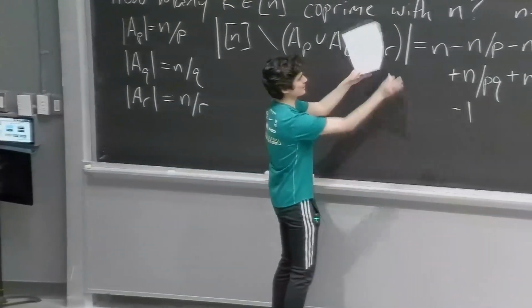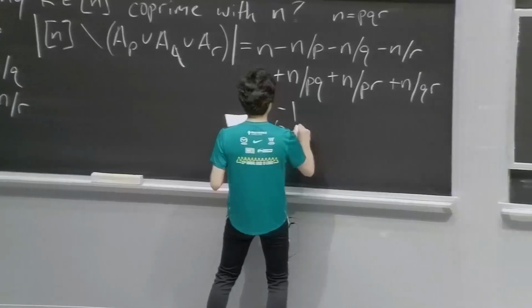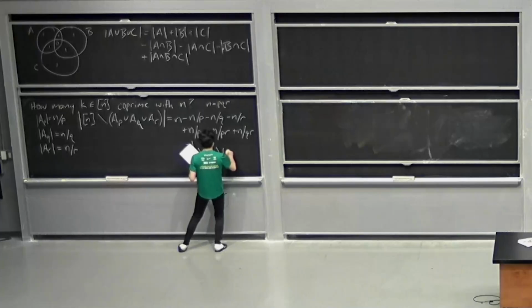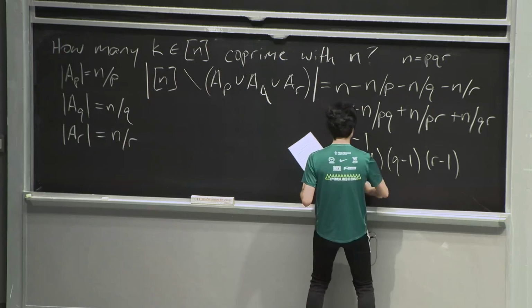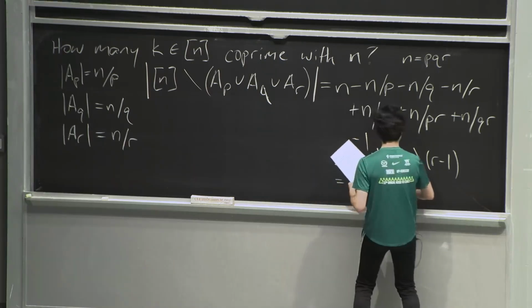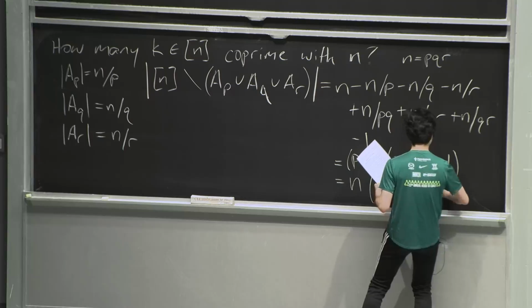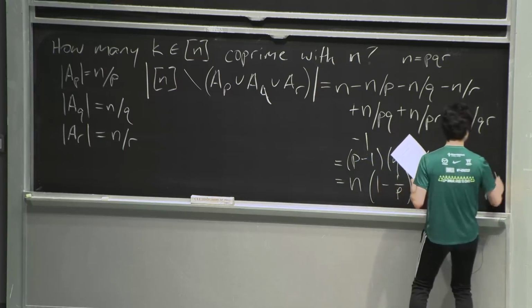And if you do some messy algebra, this turns out to be (p minus 1)(q minus 1)(r minus 1), which is also equal to n times (1 minus 1 over p)(1 minus 1 over q)(1 minus 1 over r). Okay?